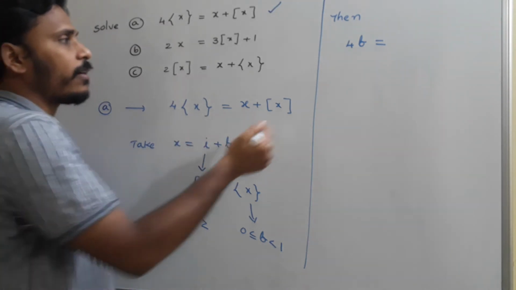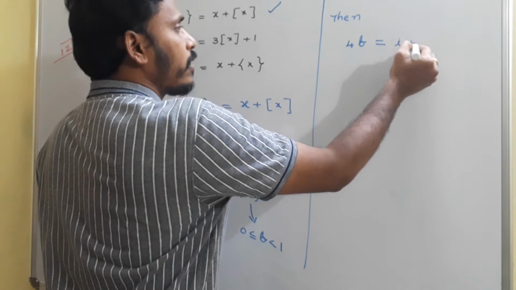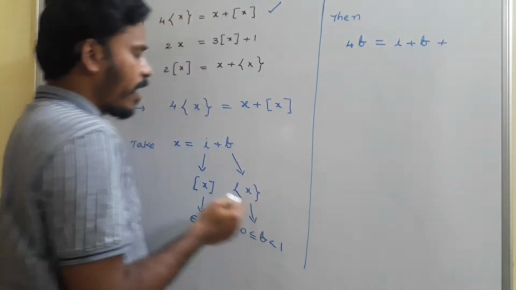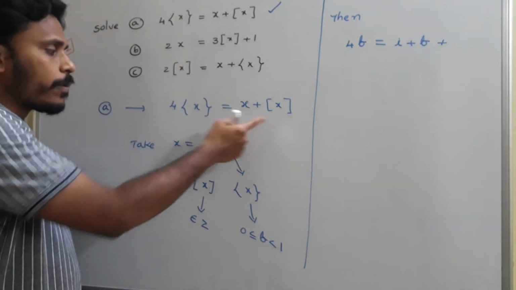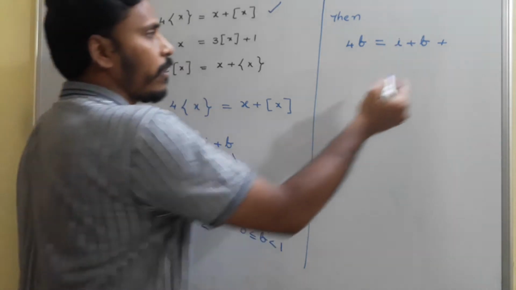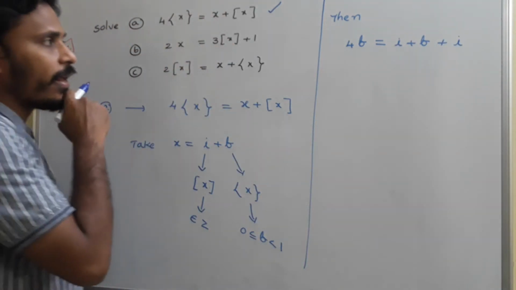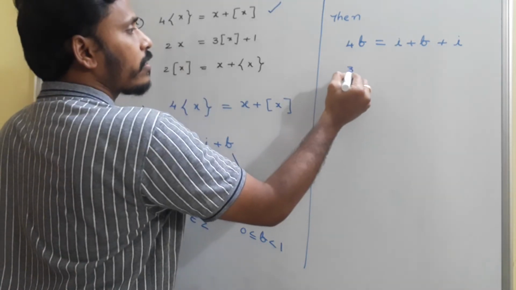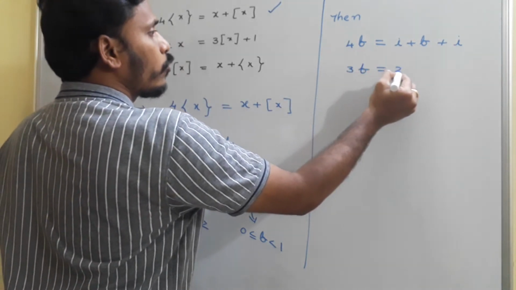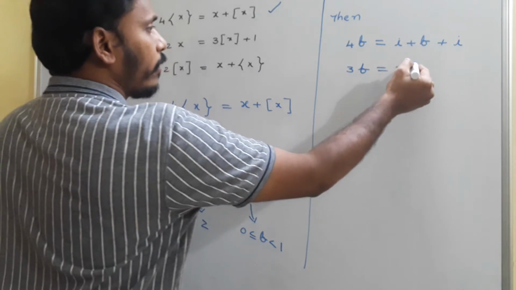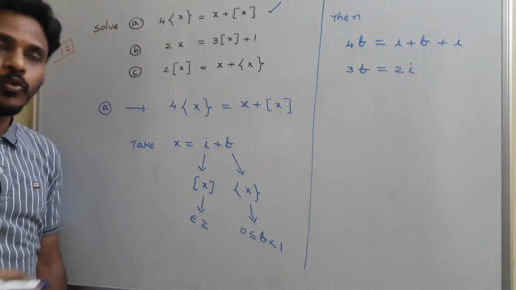x is the integral part plus fractional part, plus again step x. Step x means the integral part of x, which is simply I. So at the end, if you rearrange it, sending f to this side, 3f equals 2i.